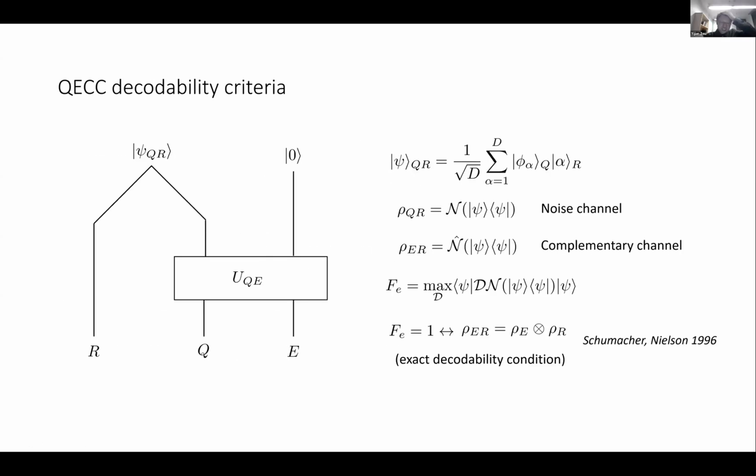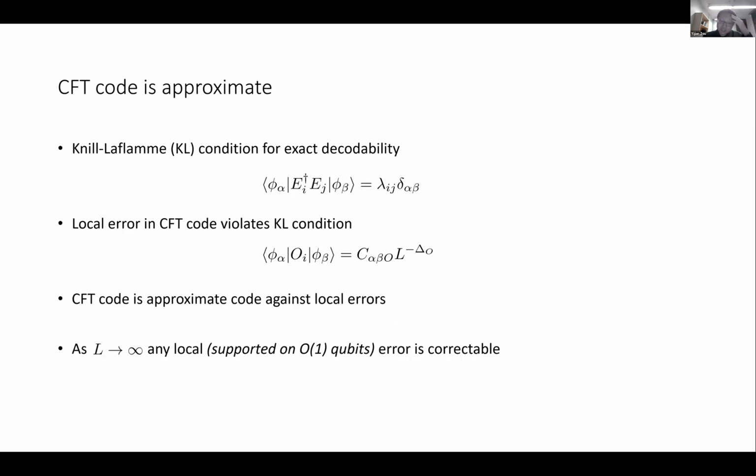Probably I will skip this detail. This is also a very important aspect of quantum error correction, which tells you whether an error can be corrected or not. Remember that for the repetition code we constructed a decoder, but in many cases we just want to know whether the error can be corrected.